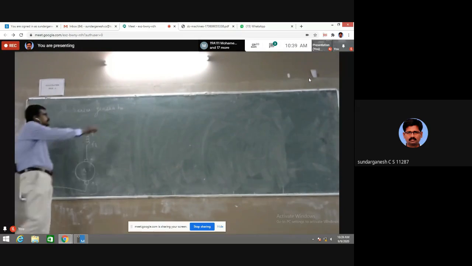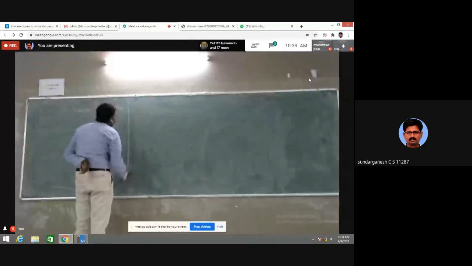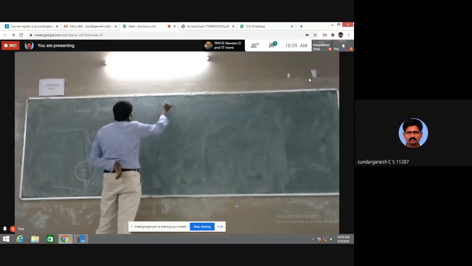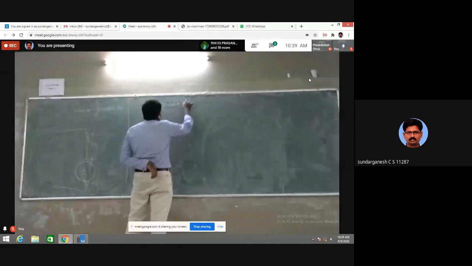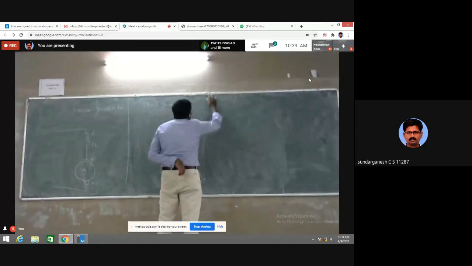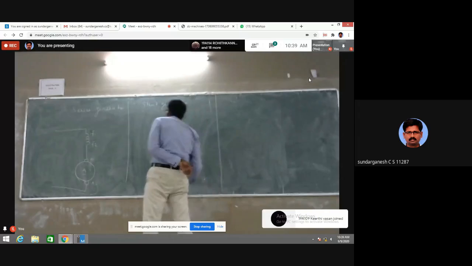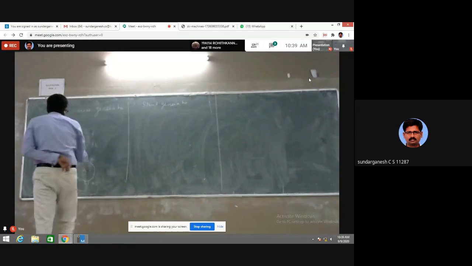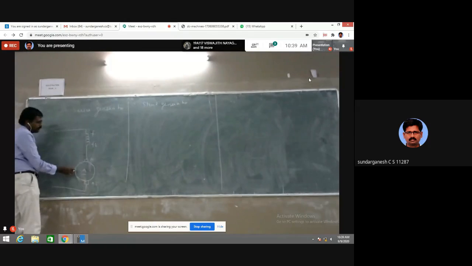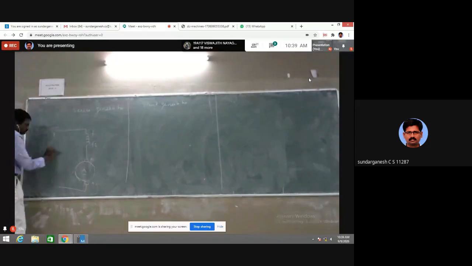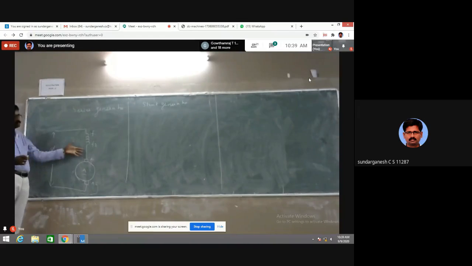So next one is shunt generator. In shunt generator, there are two coils as I already told, field coil and armature coil. This is the voltage. If it is a DC motor, we are supplying the voltage here to the field coil as well as the armature.